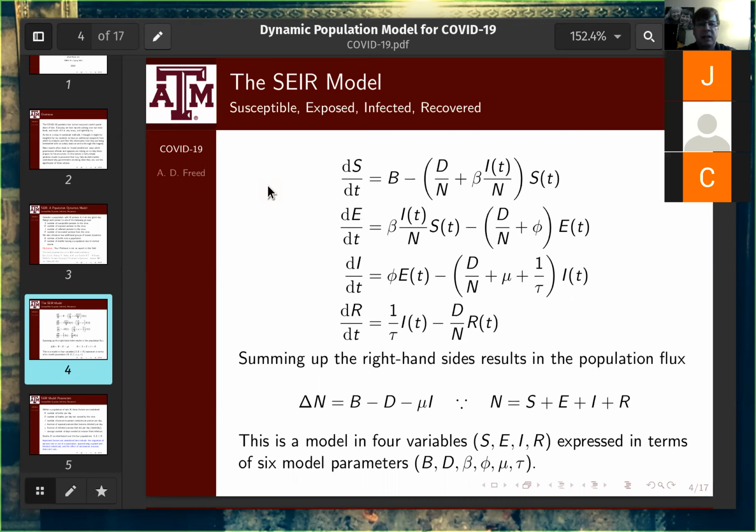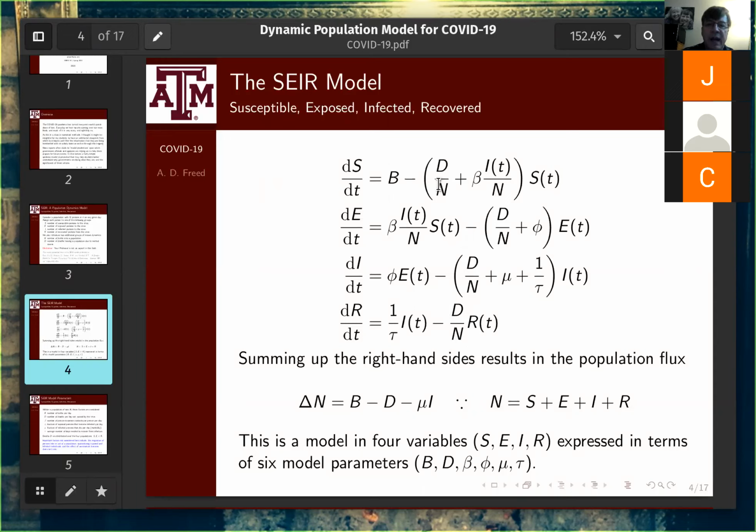So now if we look at the right-hand sides, the susceptible, all those that are born get added to the population of the susceptibles. So that's the first term. And then the second term has two contributions. One is the number of deaths divided by n times, in this case, the population of the susceptibles. You'll notice that this term d divided by n appears in what we call the recovery term of all four of these equations.